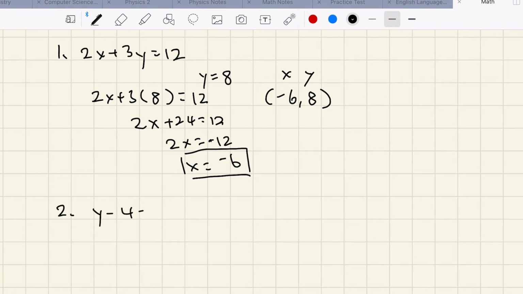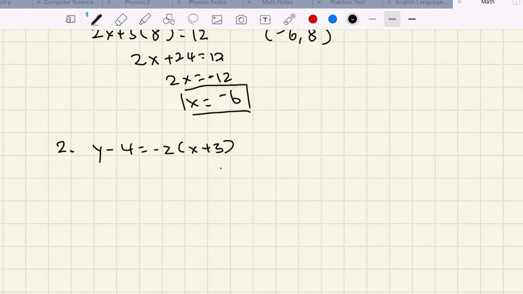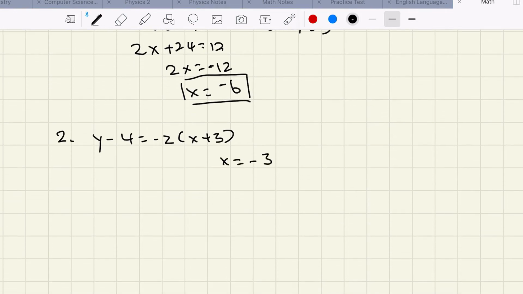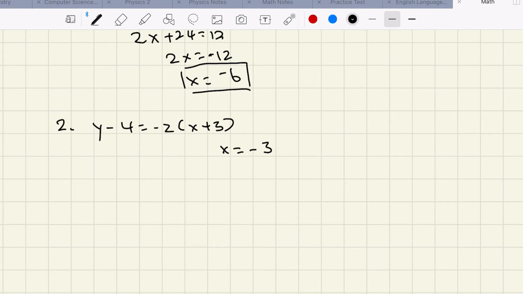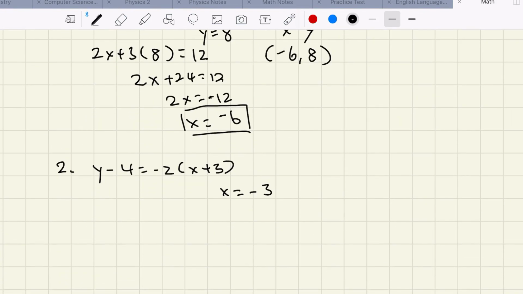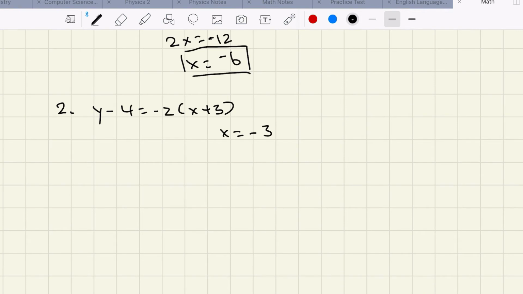y minus 4 equals negative 2x plus 3. And it's given that x equals negative 3 is a solution to this equation. This one looks a bit different. It's not the same as the formula above. It's point slope form. But the concept is the same. So you just have to plug negative 3 in for the x.